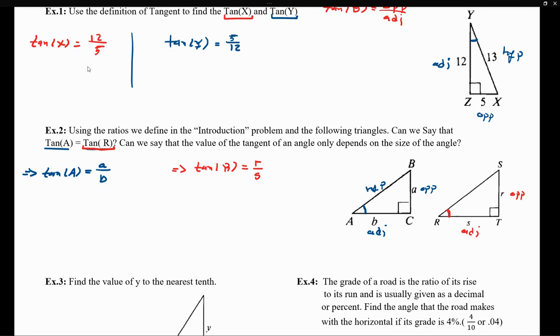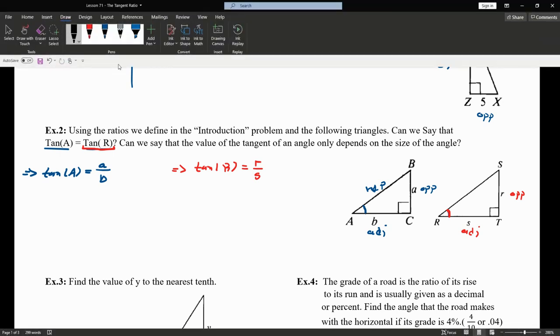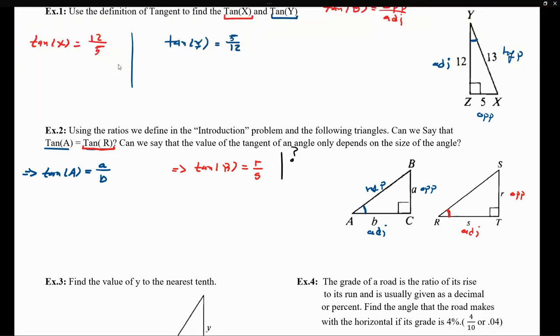So now, if we want to see if they're equal to each other, the question is, is it true that a over b is equivalent to r over s? Because if we show that this is true, then we have just shown that both tangents are the same output.